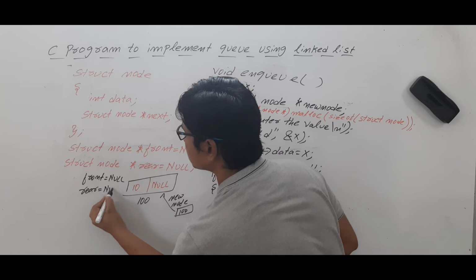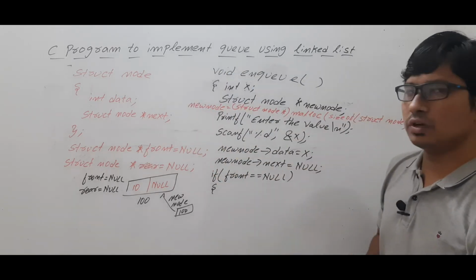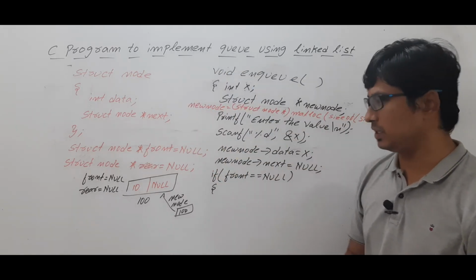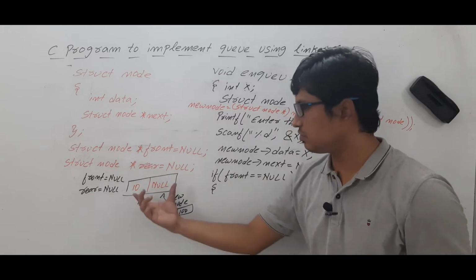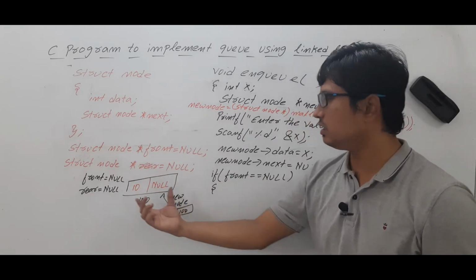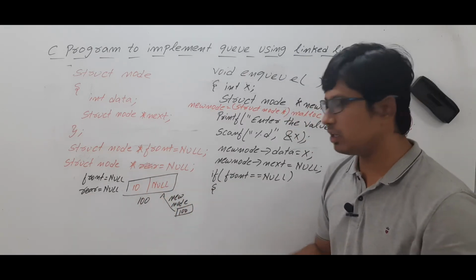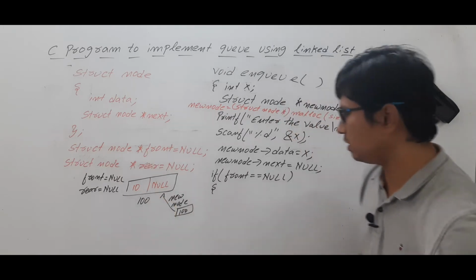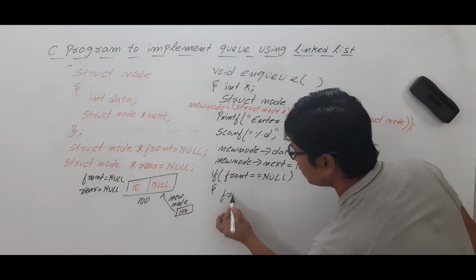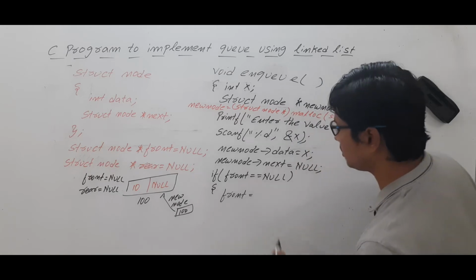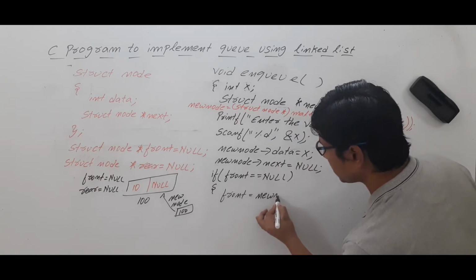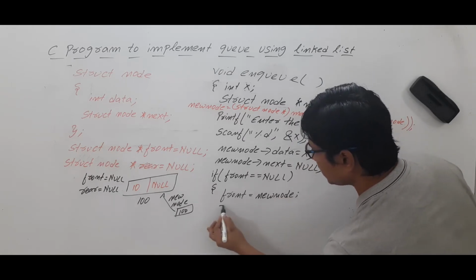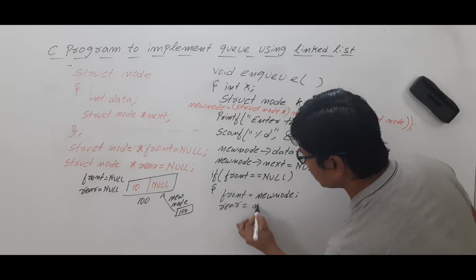So this is the first node. If front is equal to null, right now the queue is empty. If queue is empty, this is the first node you are inserting. Then the front and rear will be pointing to this node only. So you have to write front is equal to new node, rear is equal to new node.